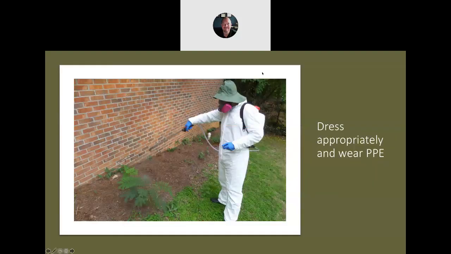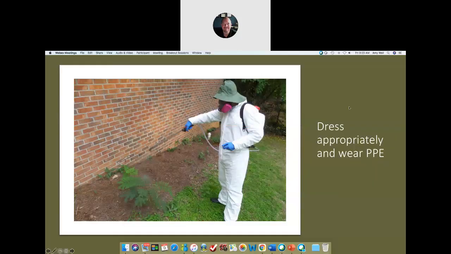You also want to make sure when you're doing these applications that you're dressed appropriately and wearing the proper personal protective equipment. Some of you might look at this picture and think this might be overkill, but again, it depends on what you're using and how you're using it, because I'm sure that all of you are familiar with the Roundup controversy in recent years, and the concerns about it causing lymphoma and other cancers.